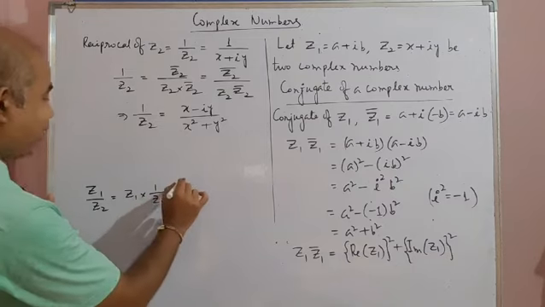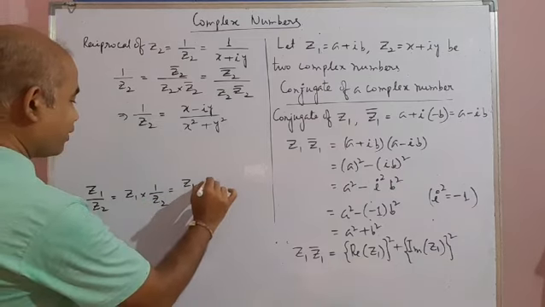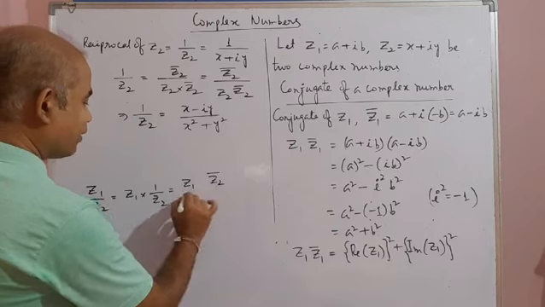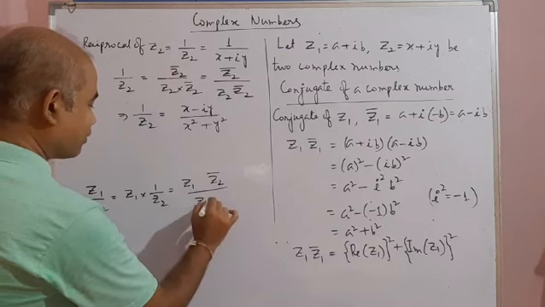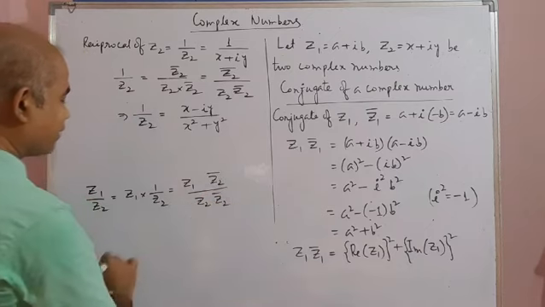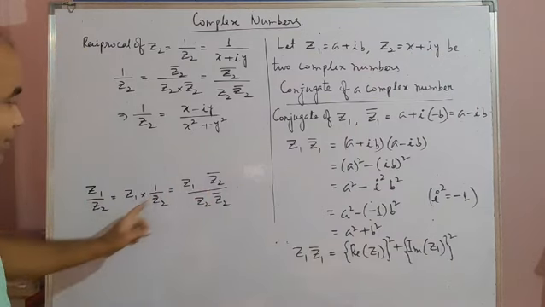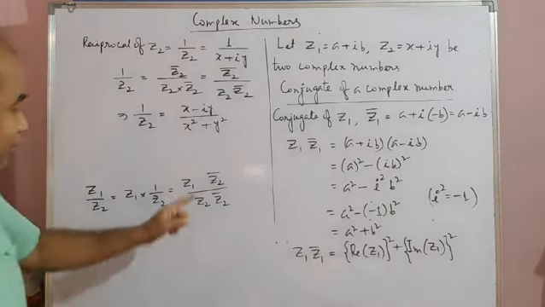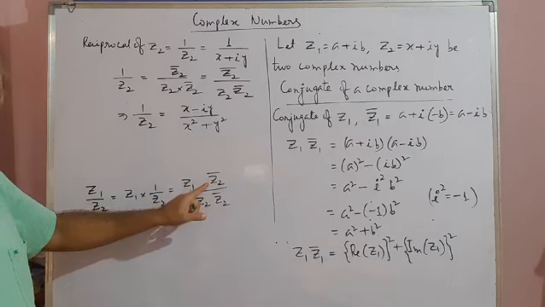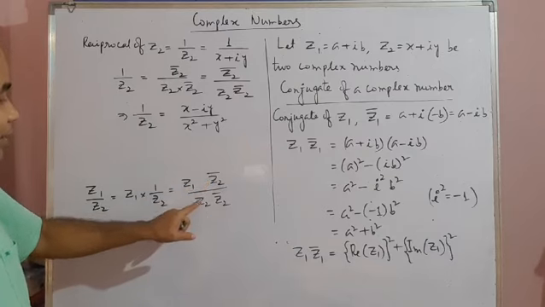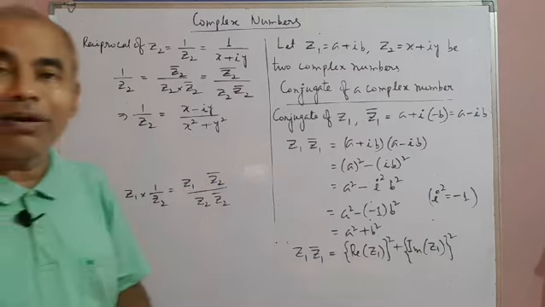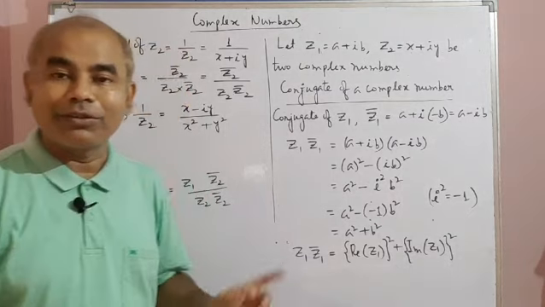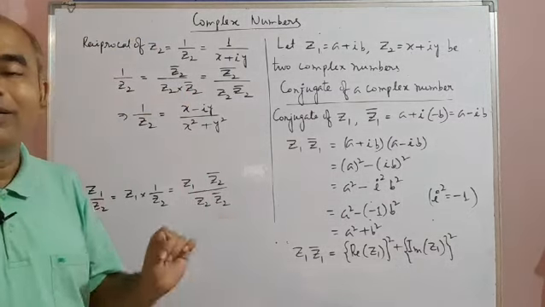And what is 1 by z2? 1 by z2 is the conjugate of z2 divided by z2 into conjugate of z2. So this is the division of two complex numbers. Here you put the value of z1, put the conjugate of z2, and the denominator is nothing but the sum of squares of the real part and imaginary part of the complex number z2.